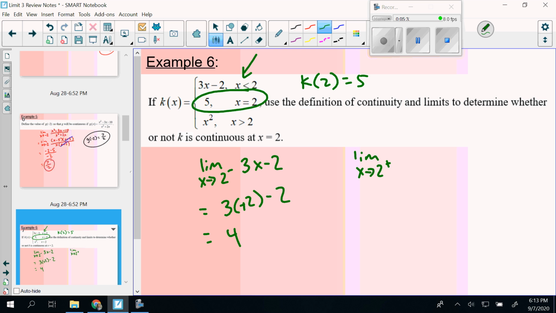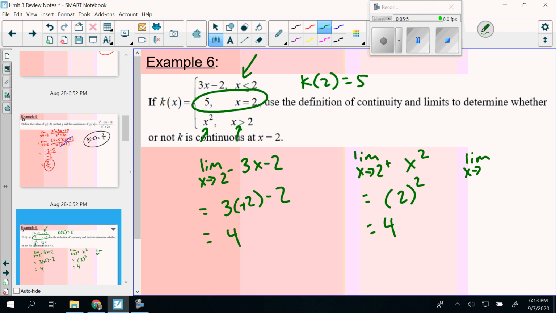On the other one, if it's from the right, now that's that condition, so we'd be using the function x squared, plugging that in. We now get 2 squared, or 4. So that tells us that the limit here does in fact exist.